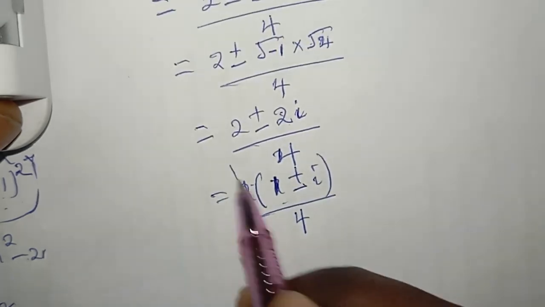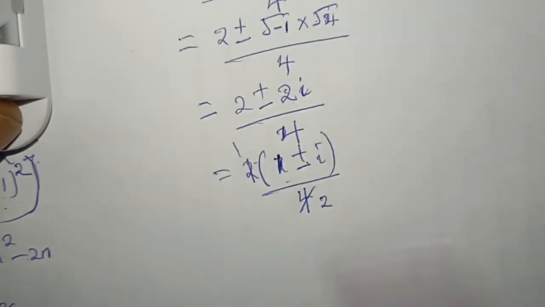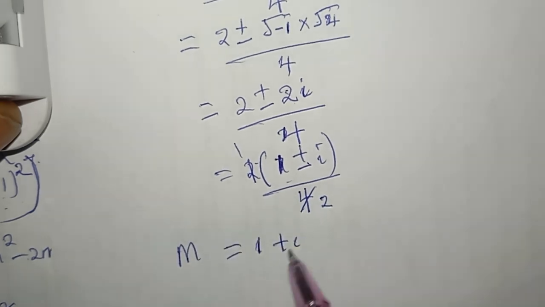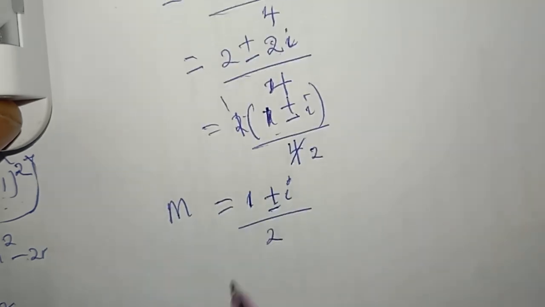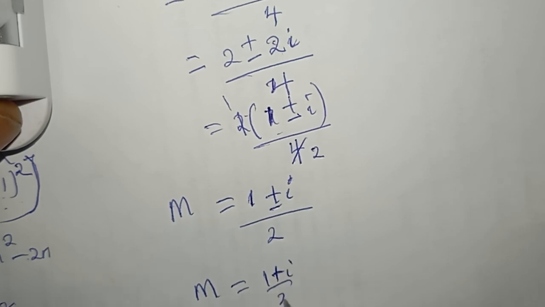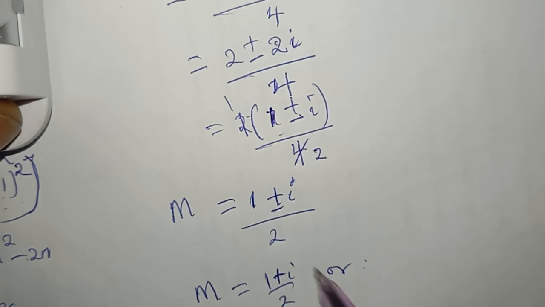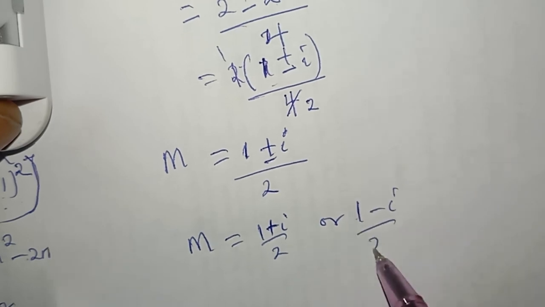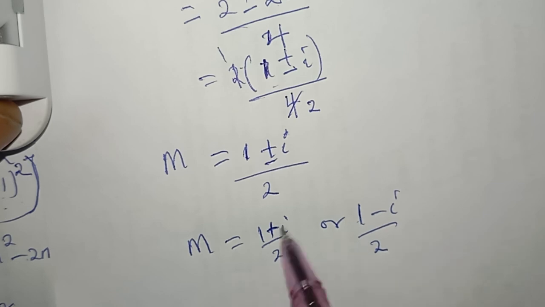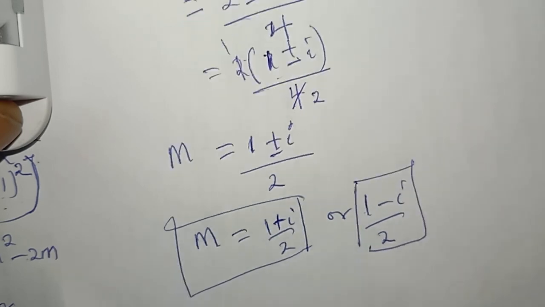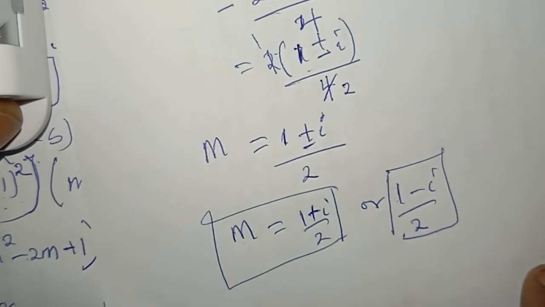These 2 cancel, 1 divided by 2, so that our m is now equal to 1 plus or minus i divided by 2, and obviously our m is equal to 1 plus i divided by 2, or 1 minus i divided by 2. So these are the values of m that actually satisfy the equation we are solving.